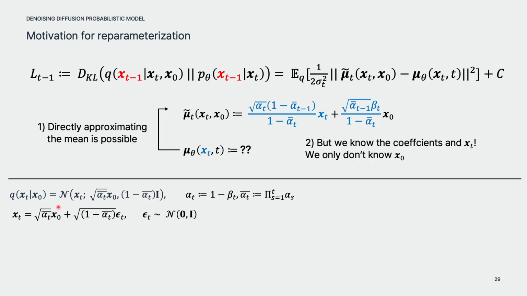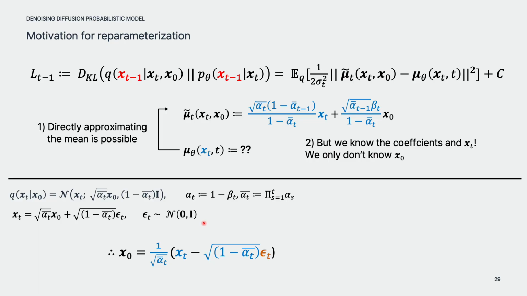Remember how xt given x0 is given as this Gaussian density. And by reparameterization, we get xt as this. And this formula shows that we could get xt from x0 with standard Gaussian epsilon t.